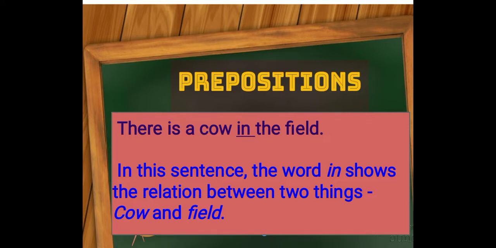Cow and the field. The preposition in is telling us about the place of the cow. Where is the cow? The cow is in the field. That means it is showing the relation between cow and field.